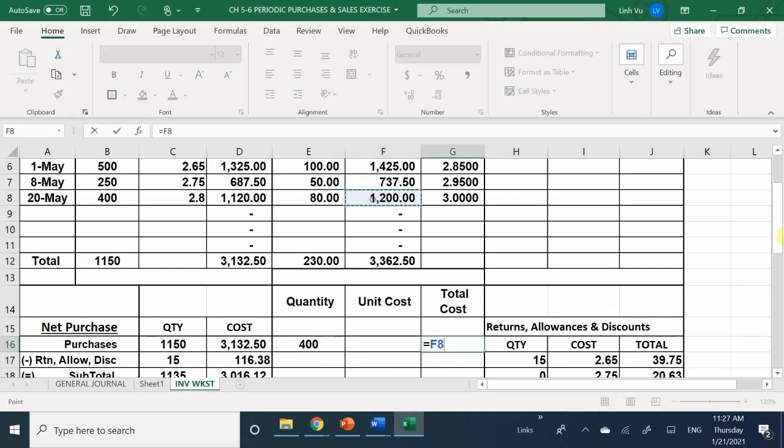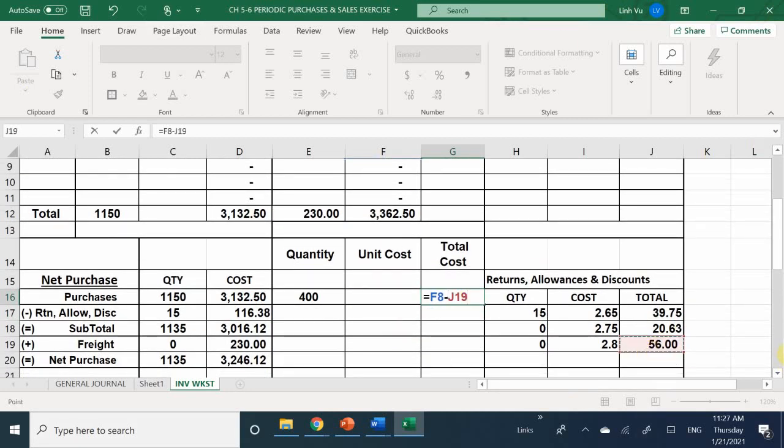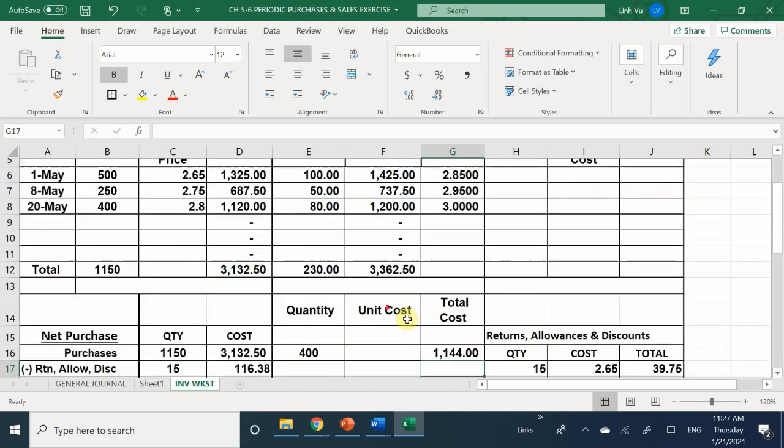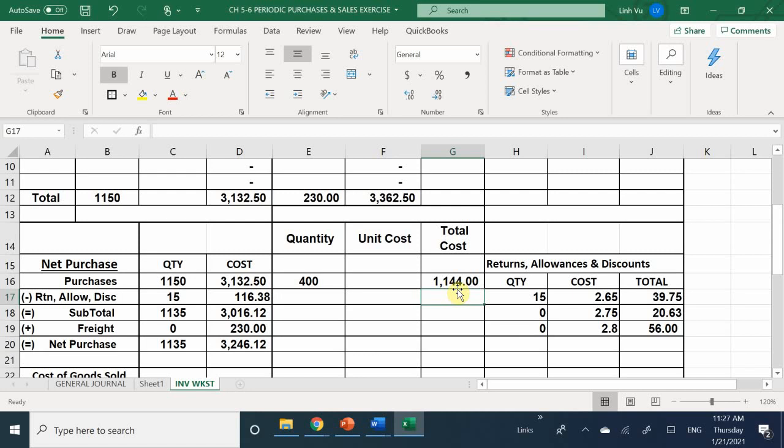So it's no longer 1,200. It is actually going to be 1,200 minus the $56 of the discount to give us a grand total of $1,144. Now you can also do it this way, by looking at it: if it's 1,120 minus the $56, and then you add the $80 freight, you should get the 1,144.